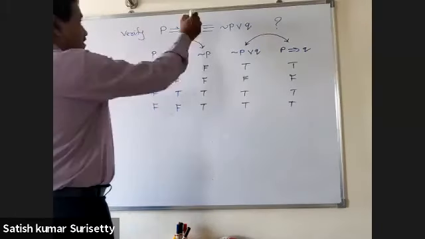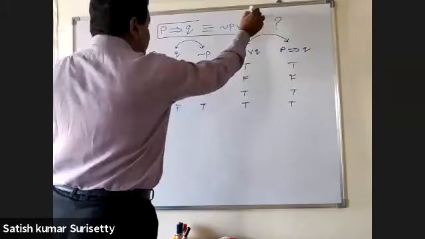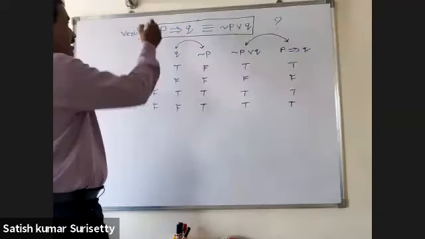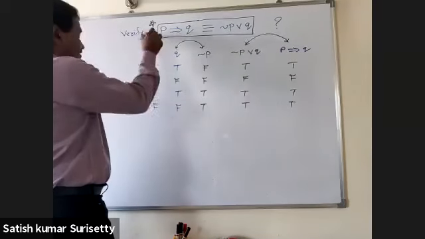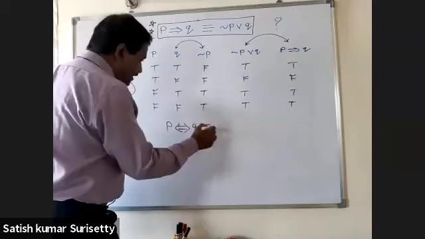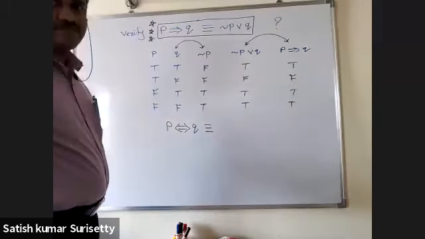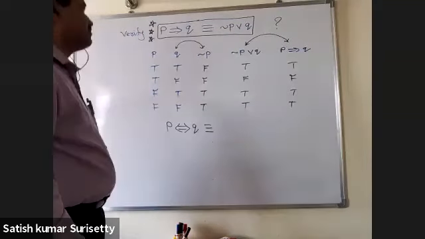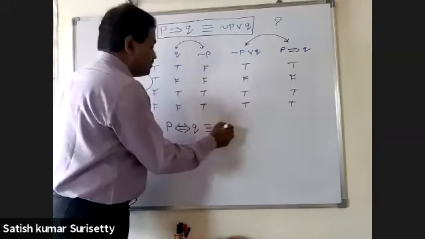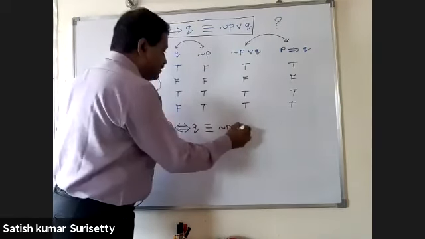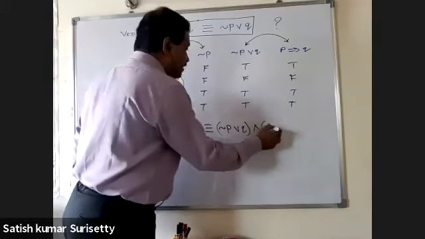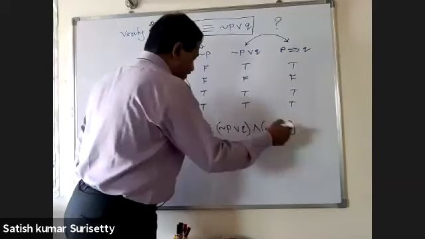Now, this is very, very important, you have to remember. That is, P implies Q is logically equivalent to negation of P or Q. Now, using this, can you write P double implies Q as logically equivalent to what? Negation of P or Q, and negation of Q or P. Why?